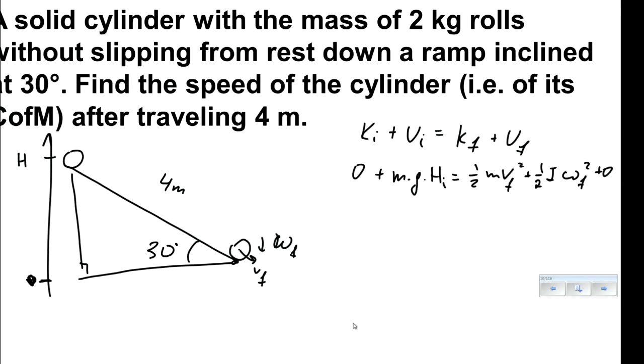Now, 2 times 10 times, what number should I write for the initial height? 2. This part comes from a right triangle.